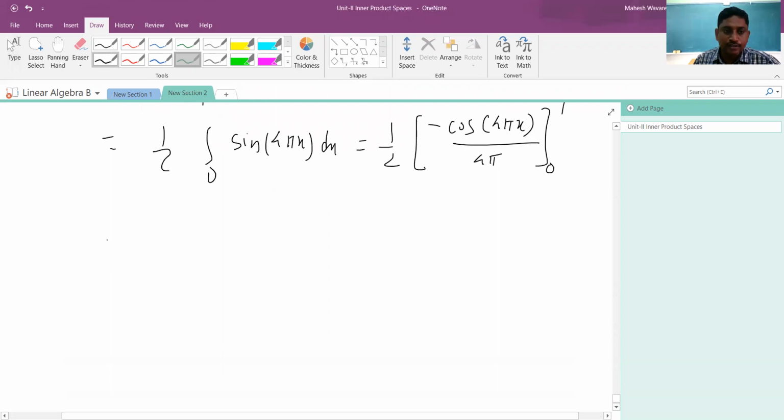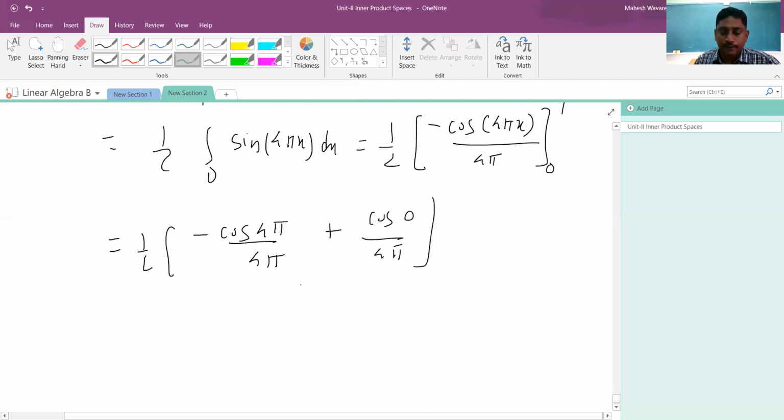After evaluation, this half, when you put the upper limit, is minus cos of 4 pi upon 4 pi, minus minus plus cos of 0 upon 4 pi. So what is the simplification? Now 1 upon 4 pi is common, so 1 upon 8 pi is there.